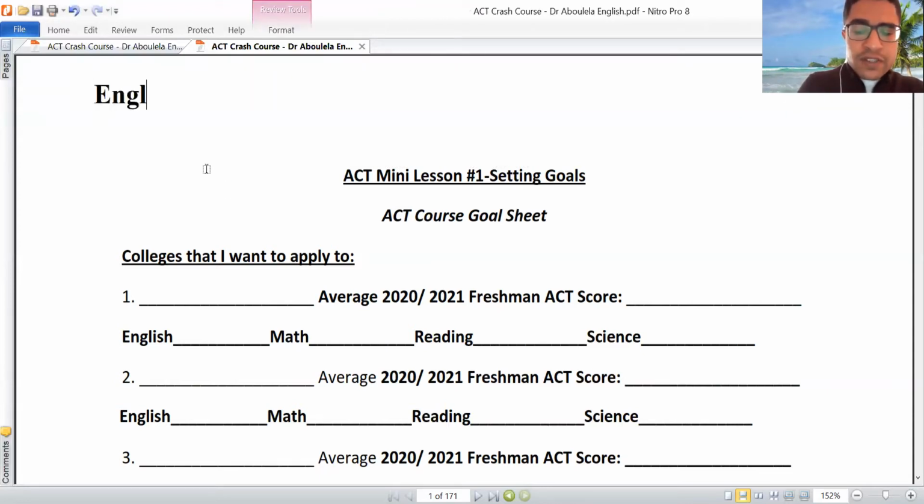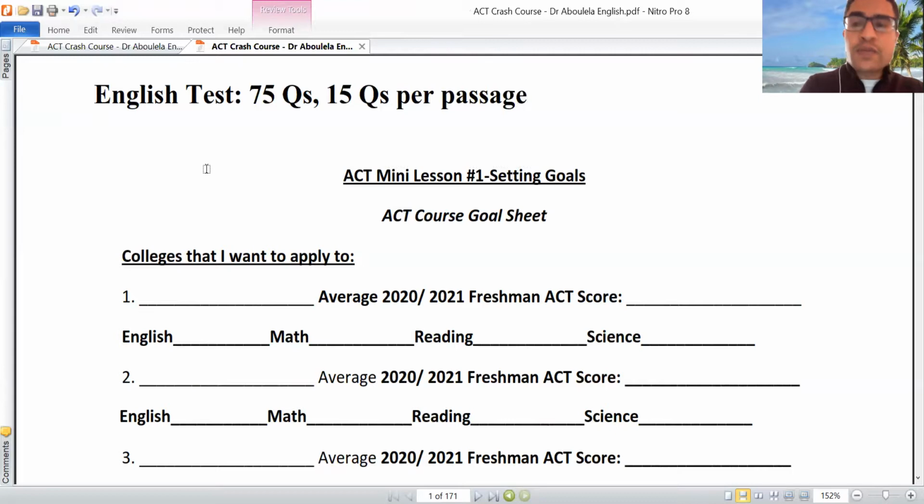The first test is the English test, which consists of 75 questions, 15 questions per passage. This means the English test has 5 passages and the time would be 45 minutes.